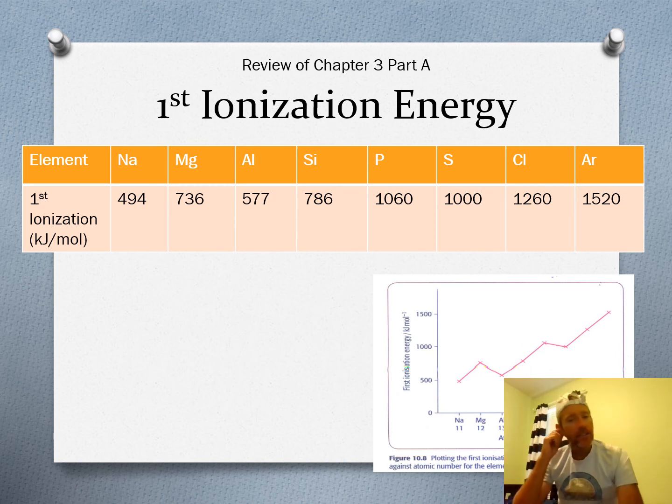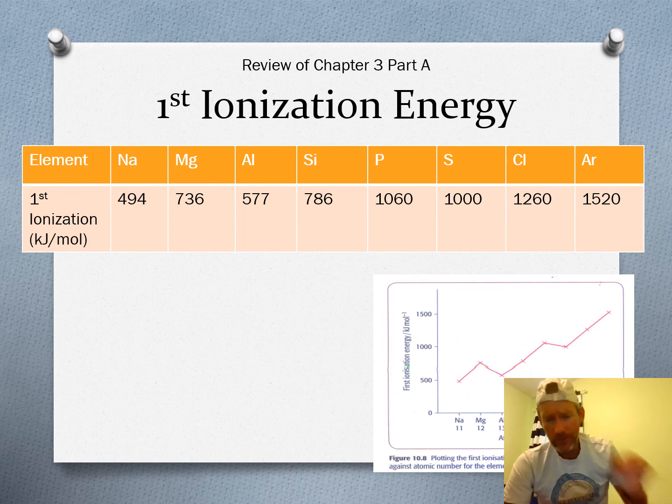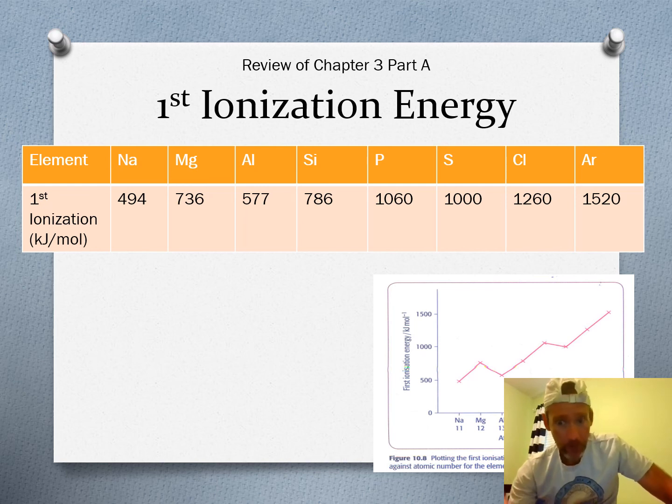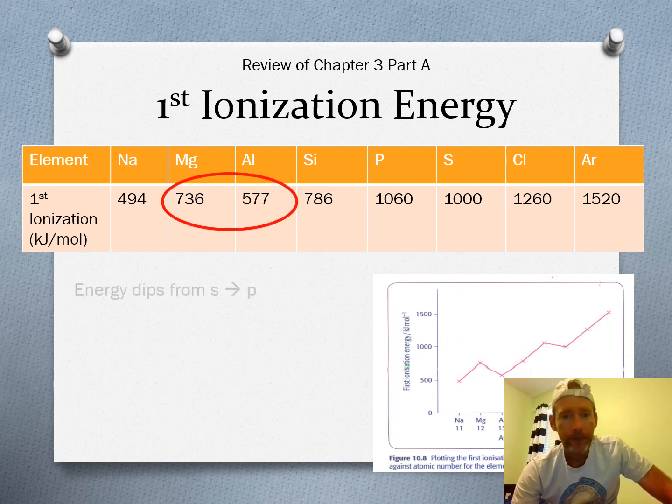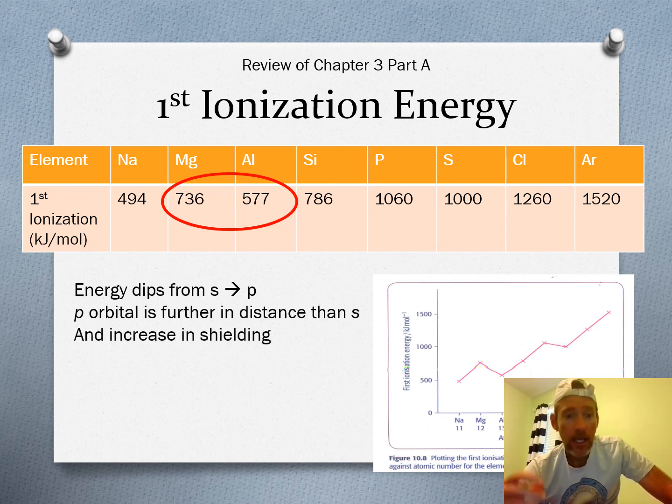All right, ionization energy. Again, this is a review from part A, chapter 3. So if you need any extra review, you can always go back to that lecture. But remember the dips: magnesium to aluminum, and phosphorus to sulfur. The energy dips from magnesium to aluminum because of shielding, since the electron is further away, with increased shielding.